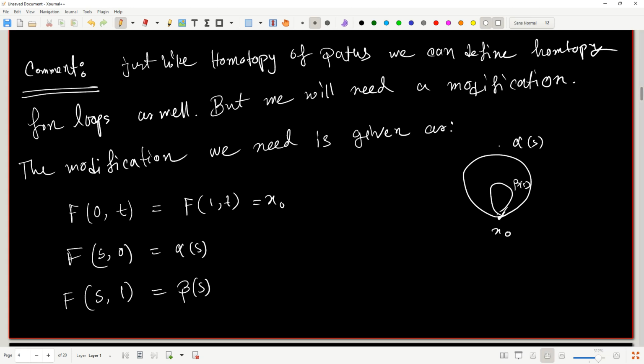So you can think of it as you are taking this alpha, and as t runs from 0 to 1, there is a movie going on where this alpha is getting continuously shrunk and shrunk, and it's ending up on p, right? So this is the homotopy on the loops as well.